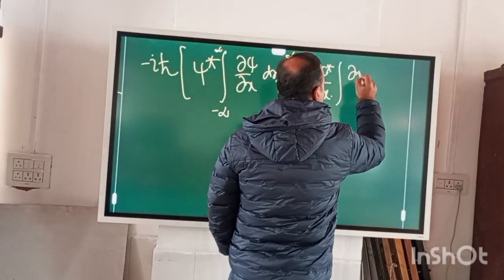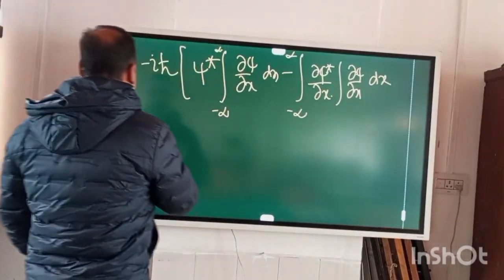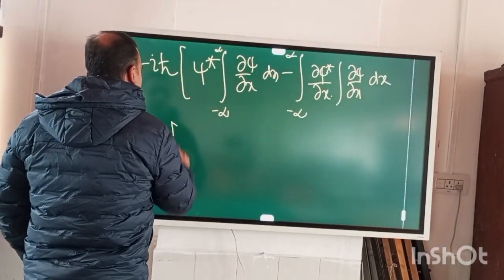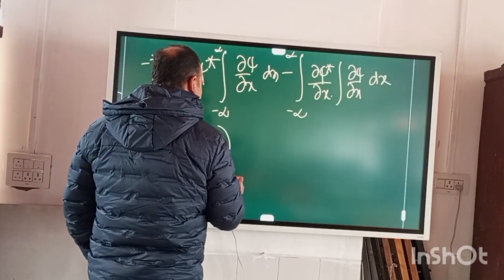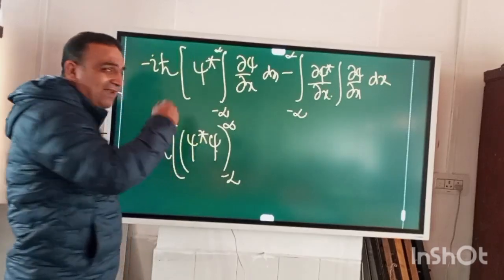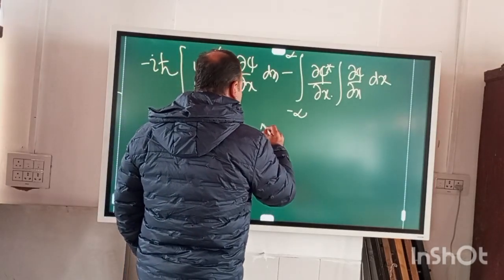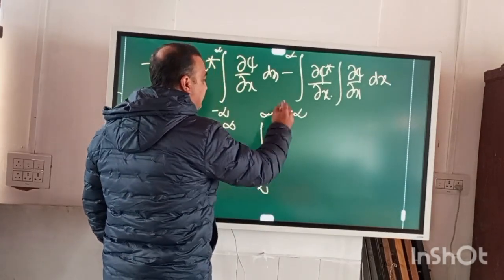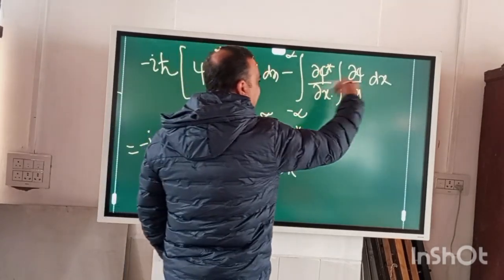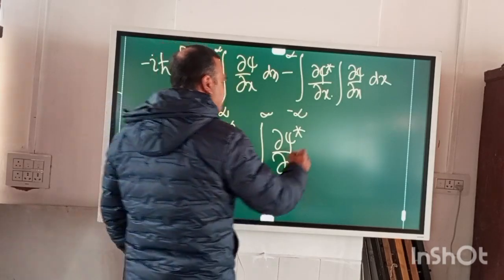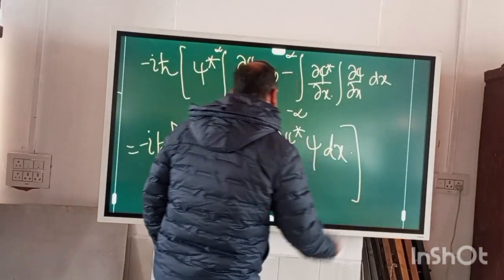It is dou psi by dou x dx, which is simply psi. So here I have minus i h bar, and here I will have simply psi star psi, evaluated from minus infinity to infinity, because the integral and differential cancel. Then I will have minus the integral from minus infinity to infinity of dou psi star by dou x times psi dx. So I will close the long brackets.